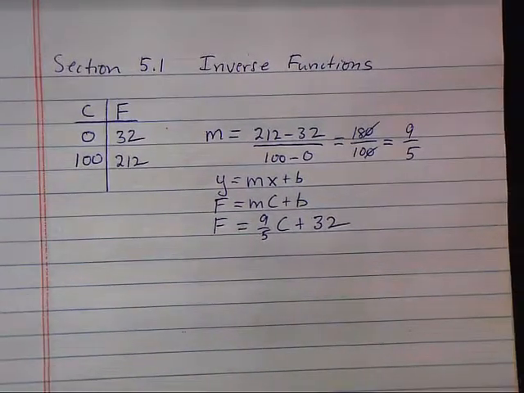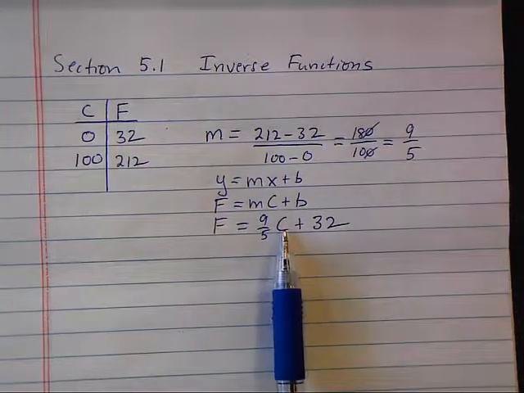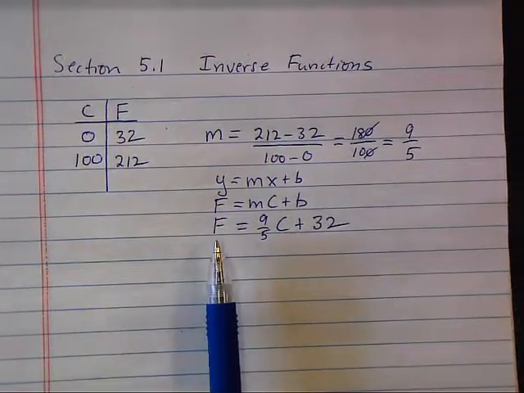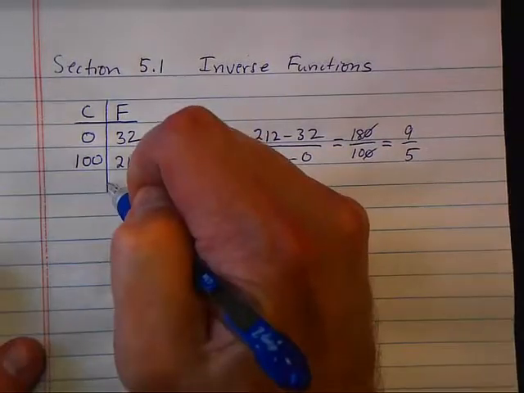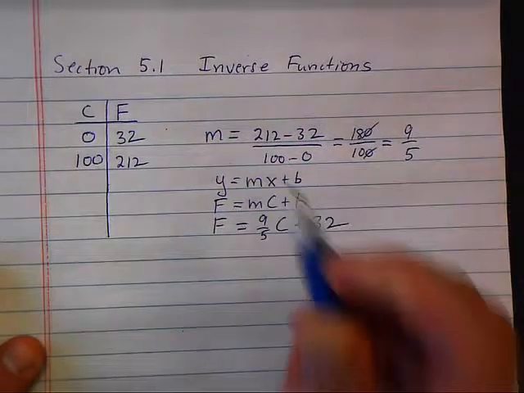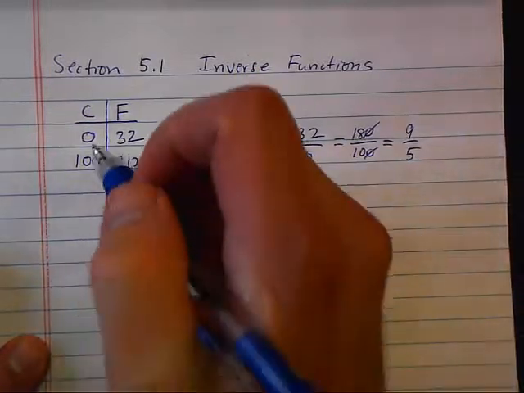Okay, so what would that formula be useful for? If somebody told you the Celsius temperature, you could pretty easily convert it to Fahrenheit, couldn't you? So, for example, let's say I gave you a new Celsius temperature. Oh, I don't know. Somebody pick a temperature. Anybody got a number they like? 54.